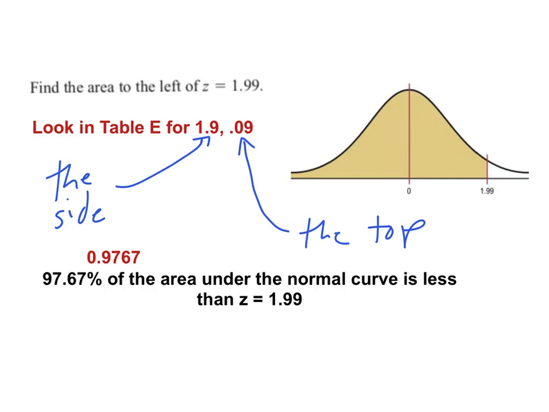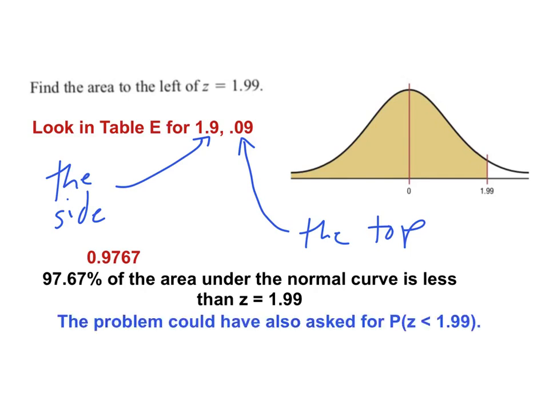Now, another way that this type of problem is going to be presented to you is like this. It'll ask for the probability of z less than 1.99. So this is how this all ties together. This could also be used to find the probability.